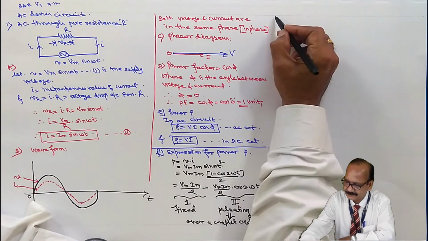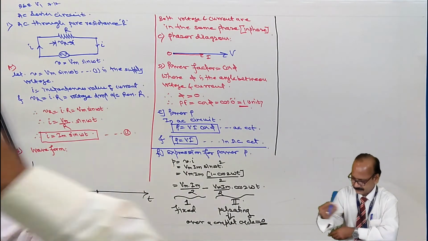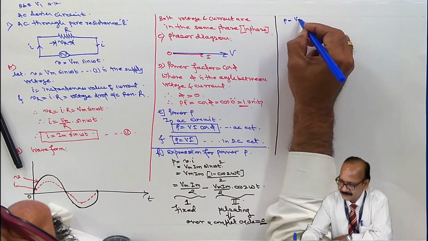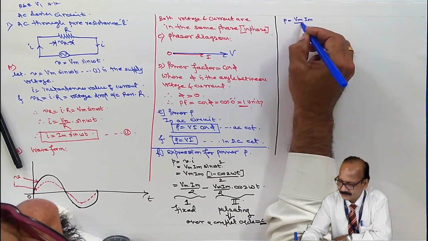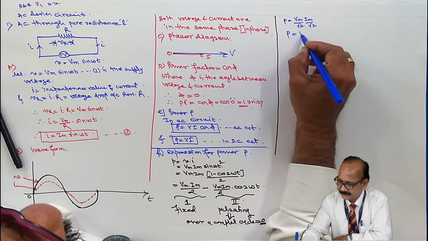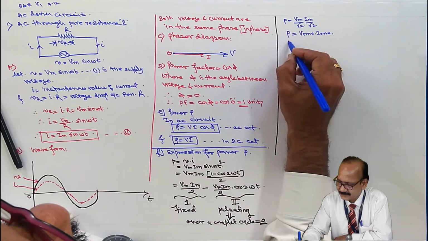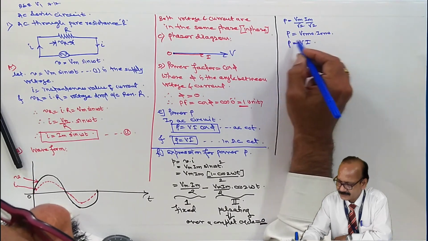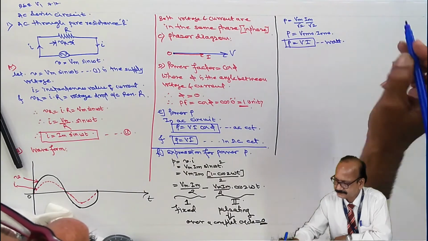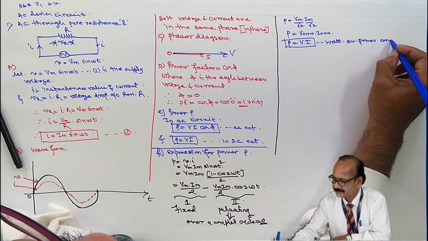And therefore P equal to V max I max upon root 2 upon root 2. So P equal to V RMS I RMS, and therefore P equal to V into I. This is in watts, the average power consumed.